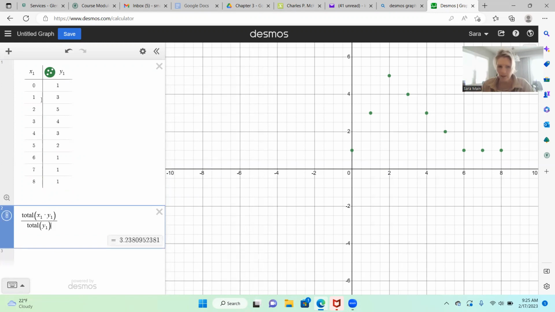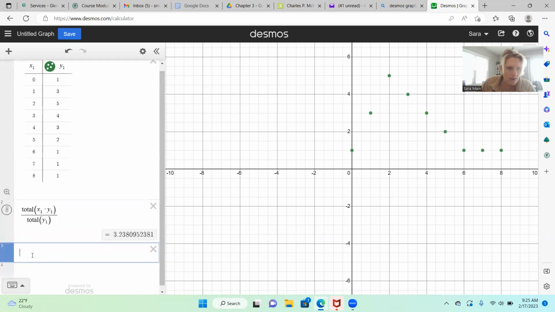And so the mean of this data is 3.238. Okay. Now we can also find the standard deviation of this data.